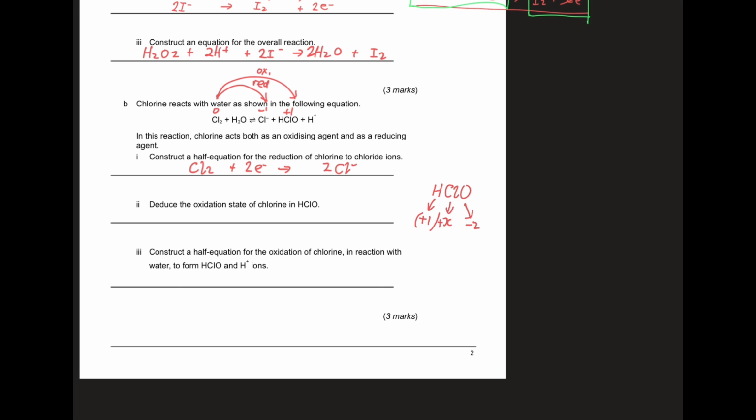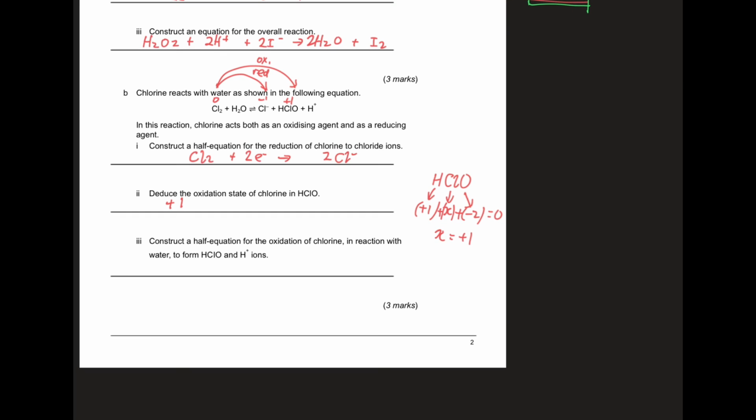So add them up, equal to 0. Then after that, you can count the X equal to positive 1. So the answer is positive 1.